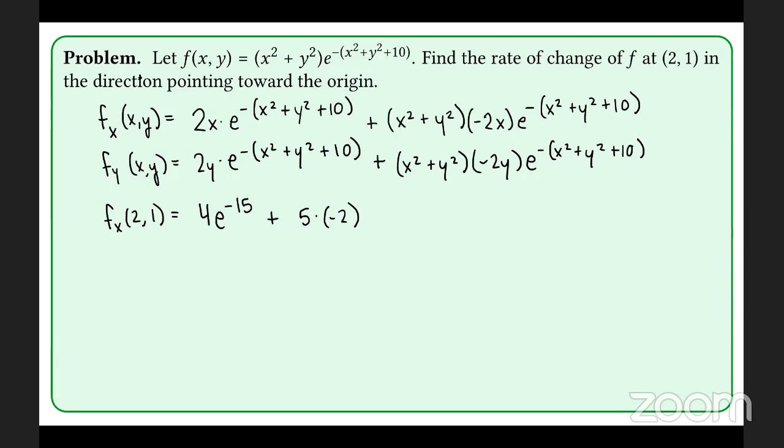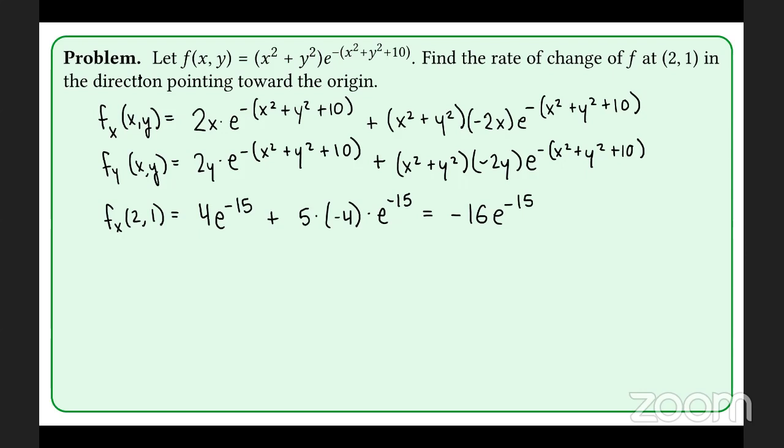Oh, I'm sorry, that's the wrong one. That should be negative 4, right? Yeah, sorry. Negative 4, and then times e to the negative 15. So it's 4 minus 20, so negative 16 e to the negative 15.